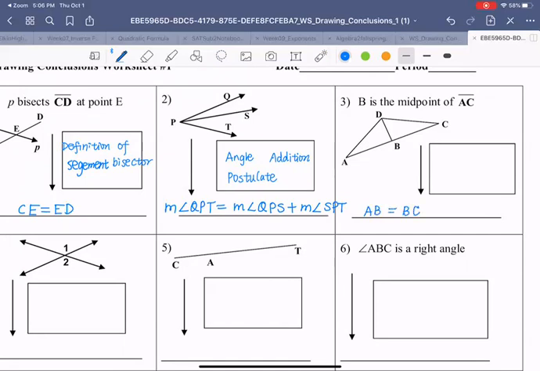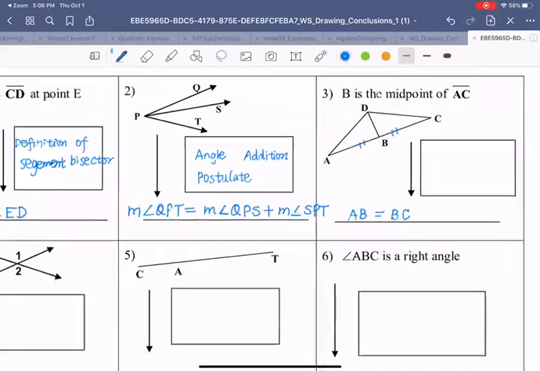And who is this? The midpoint. So that's the definition of midpoint. Brian, listen. When you forget what name to use, you can use the definition of something or a postulate. Postulate or definition are the common things you write down inside the box. Make sense?